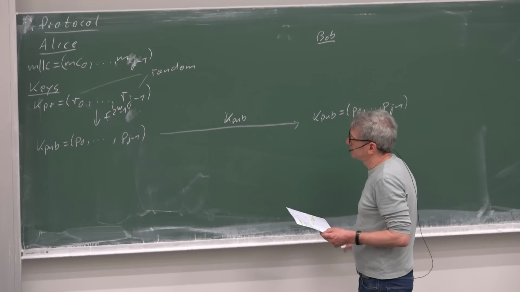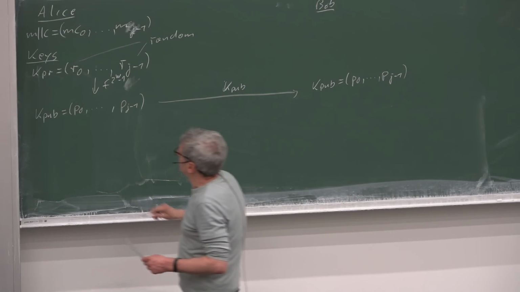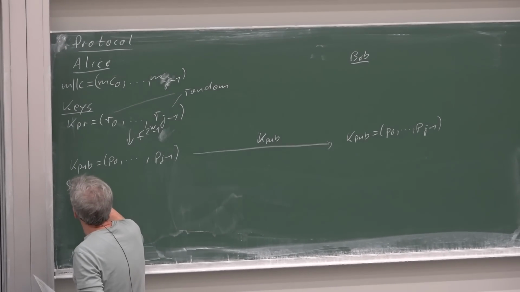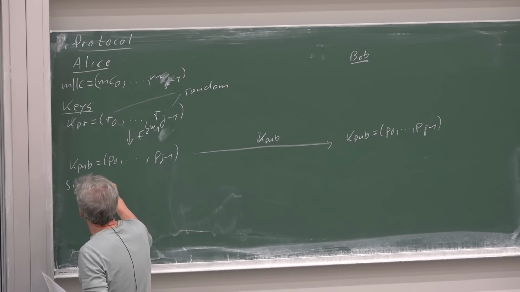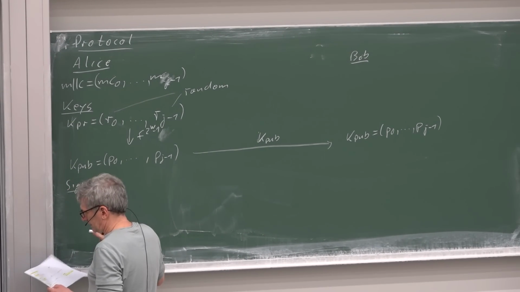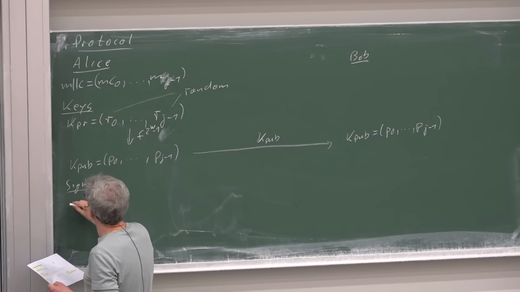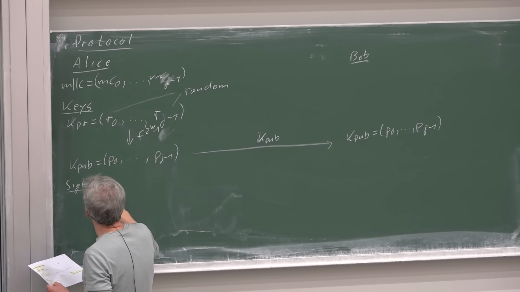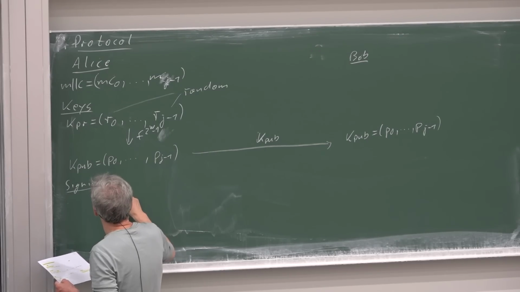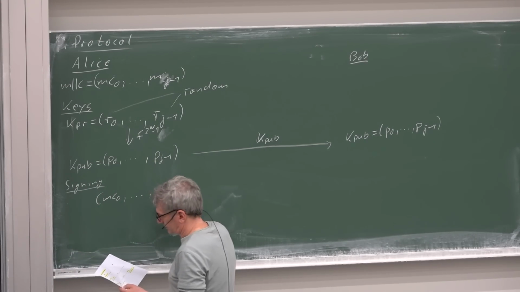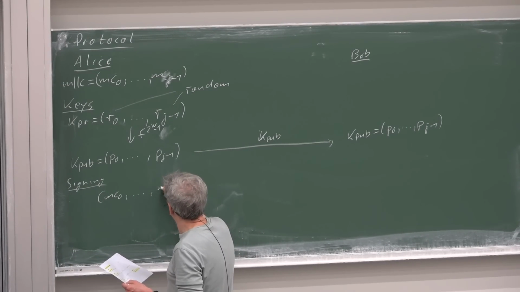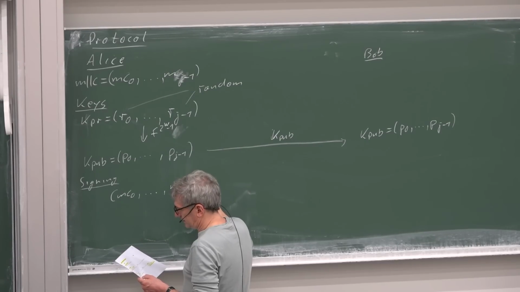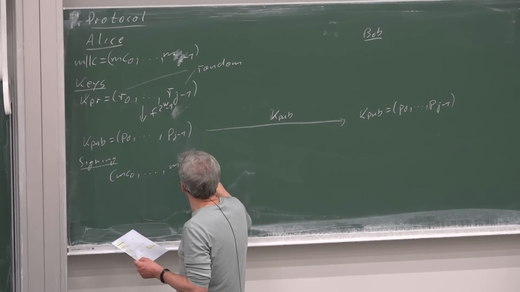Okay. And now that was key generation. Now we do signing. Alice takes again MC0 up to MC index J minus 1.